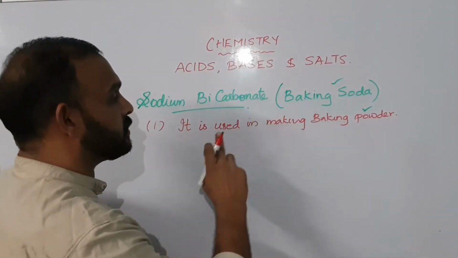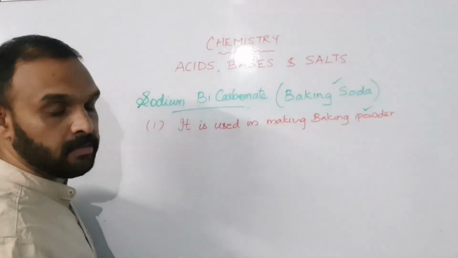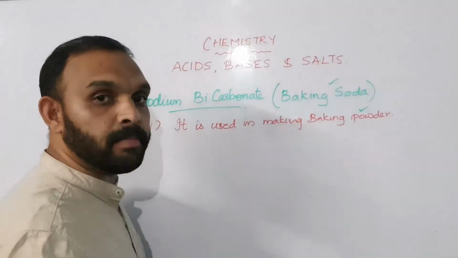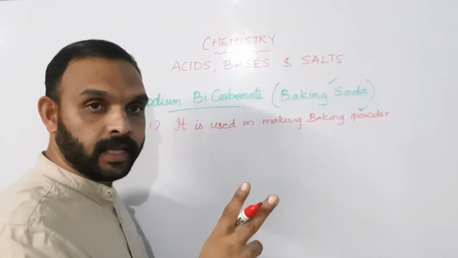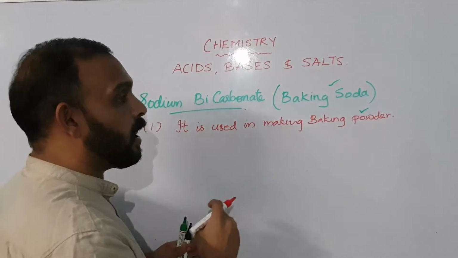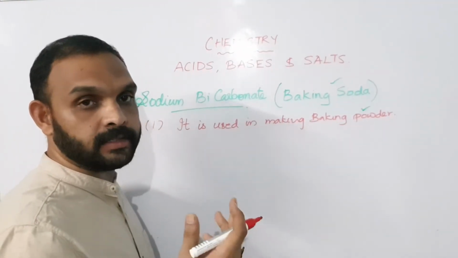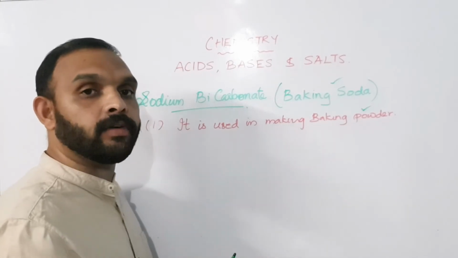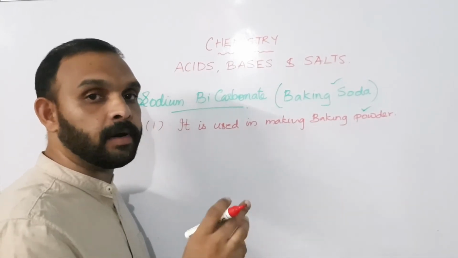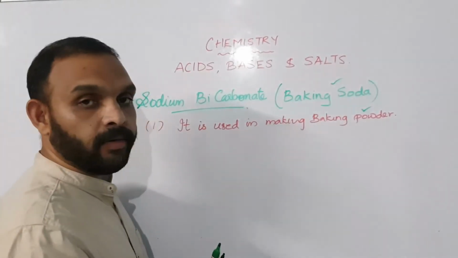Baking soda is sodium bicarbonate, but baking powder consists of two things: baking soda as well as an edible acid like tartaric acid or citric acid. I will tell you the use of including that edible acid in baking powder.